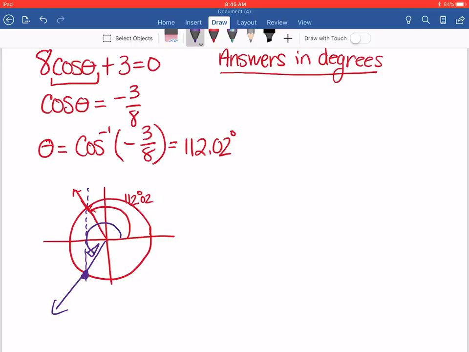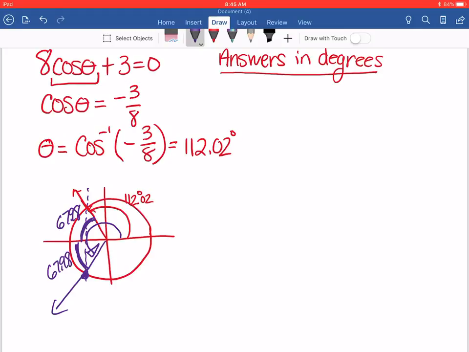So what we're going to do is find this angle here by subtracting 180 minus 112, and I know that that's the same as this angle over here, and then we're going to add it to 180. So if I take 180 minus 112.02, this angle here is 67.98, which means this angle here is 67.98.